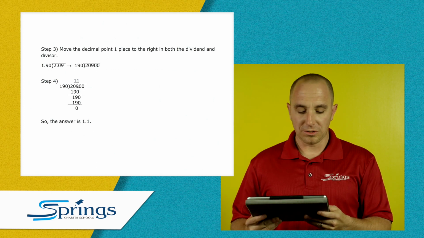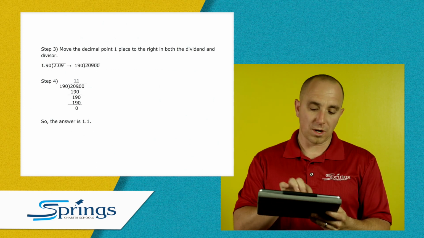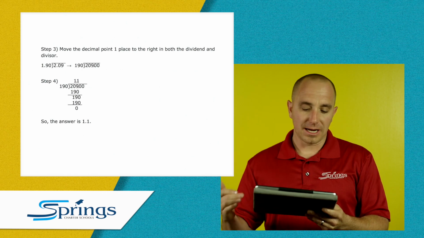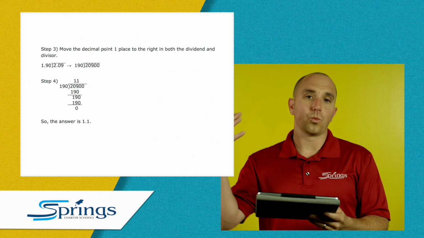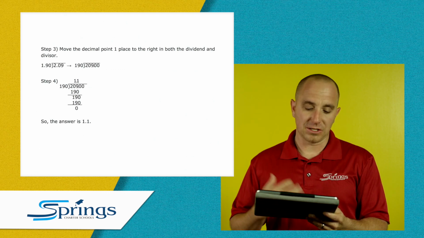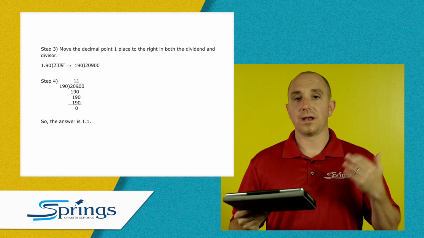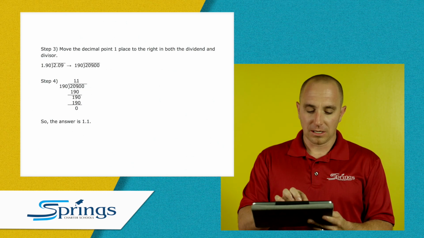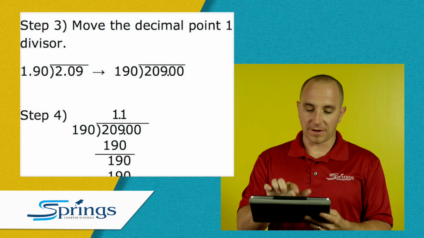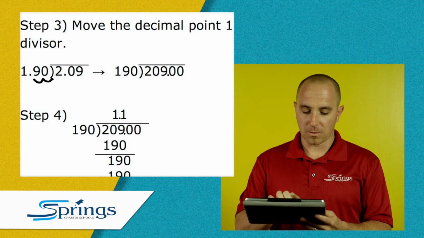When you do that, you think about how many times 190 goes into 209. It's going to go in one time, and you're going to get an extra 1 left over, so that you get 190. So your answer ends up being 1 1/10. The key with this is, if you zoom in, you see that you move the decimal point over. If I were to swoop it, it's 1 2 1 2.